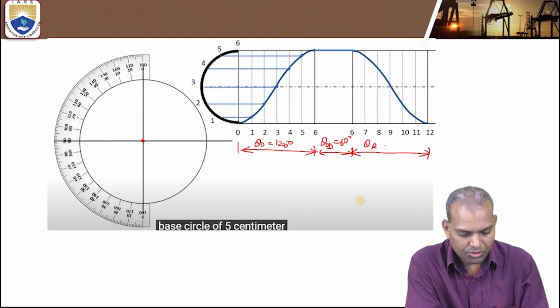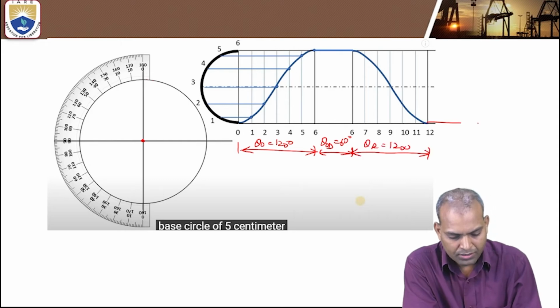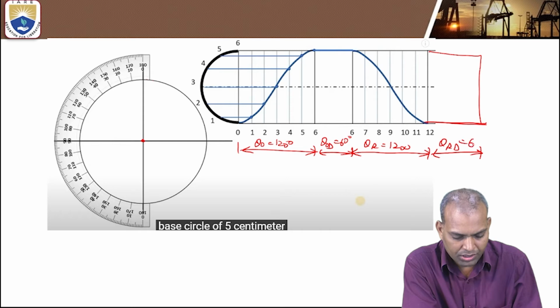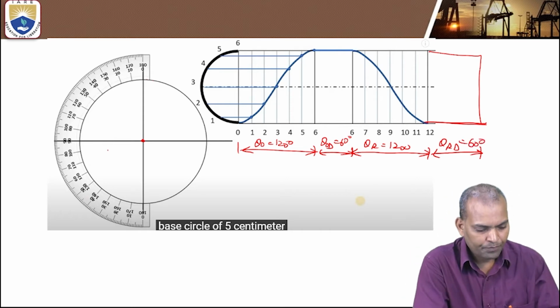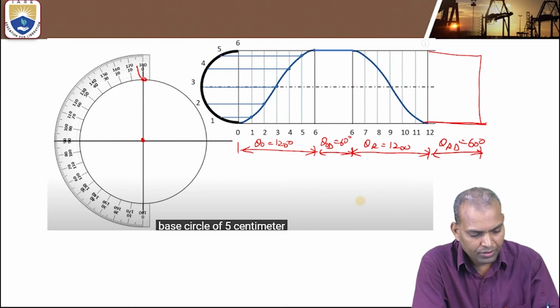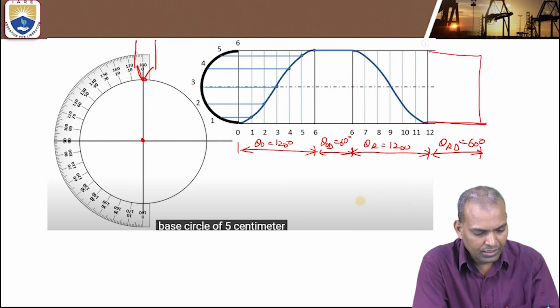Theta return stroke is 120 degrees. And the further motion is a dwell. Theta return dwell is 60 degrees. Now divide this complete portion with the help of the protractor. This is the point of your follower, the knife edge follower point.